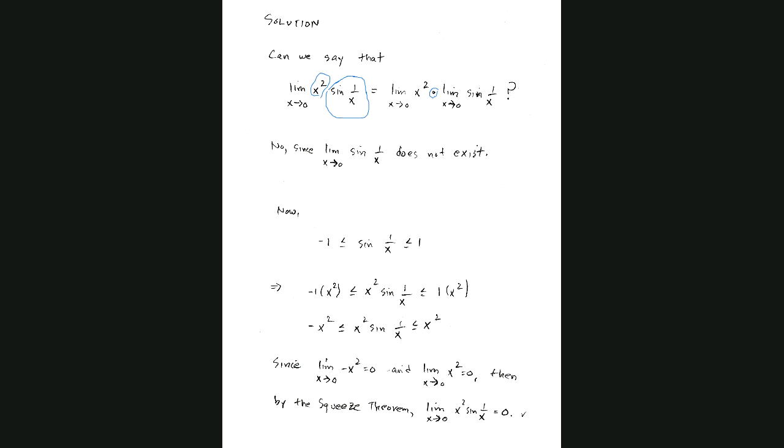It only works if both limits exist, and they do not. So we can't find the limit this way. We have to use another approach.